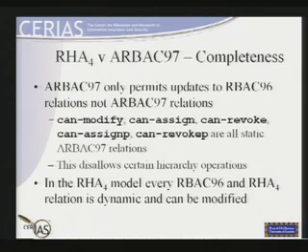But firstly, let me just talk a little bit about completeness. By that I mean, have you addressed all the components of your model? Have you made sure that you identified which are dynamic, which are static, and that you can change the ones that are dynamic? Well, RBAC 97 introduces 5 relations which are all static.